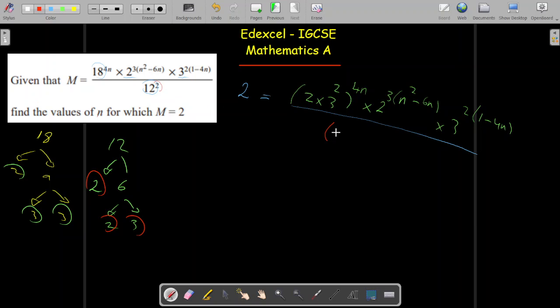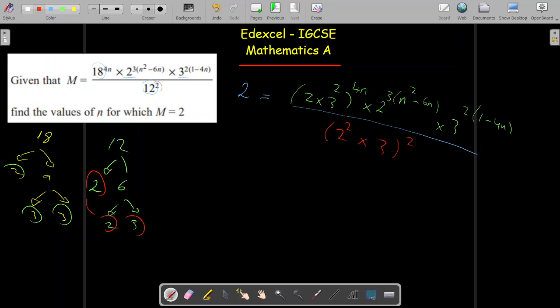So we'll say 2, and don't forget we have two 2's, so we can say 2 to the power of 2 multiplied by 3. Close bracket, and everything is having the power of 2. Now, until this point, everything is clear to you.